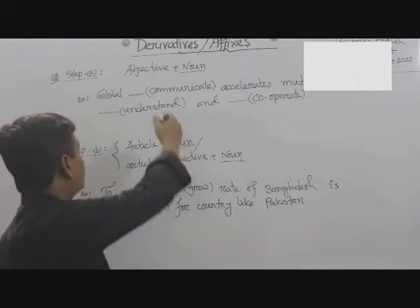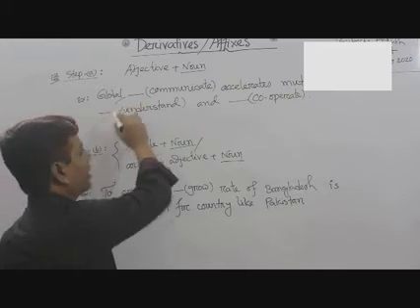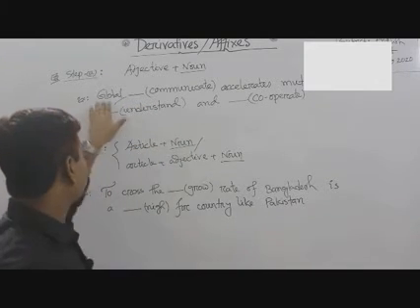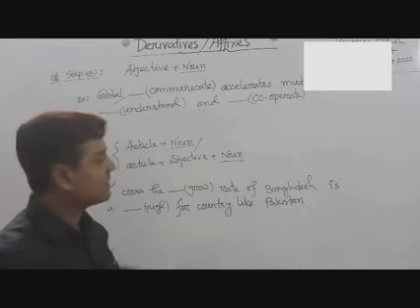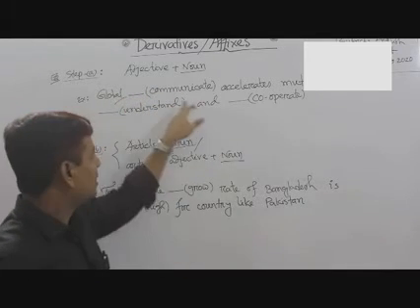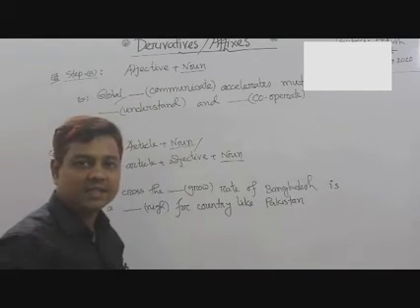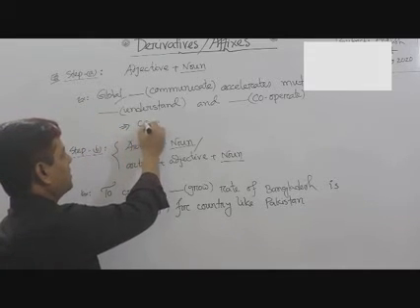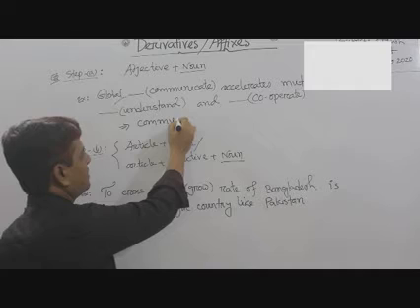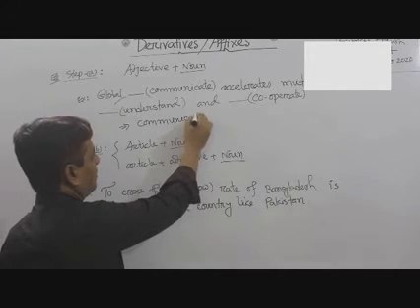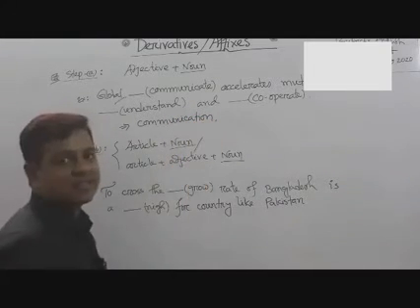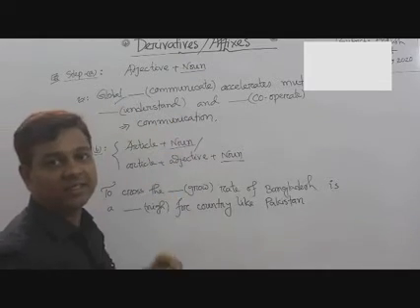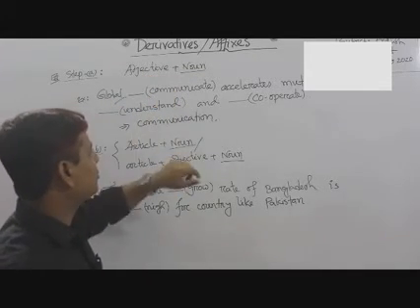And in the example, here you see global. Undoubtedly global is an adjective, and after adjective, as the rule says, you have to use noun. The noun form of communicate is, yes, you are right, it is communication. So in the first blank we have to use global communication, as the rule says, adjective plus noun.